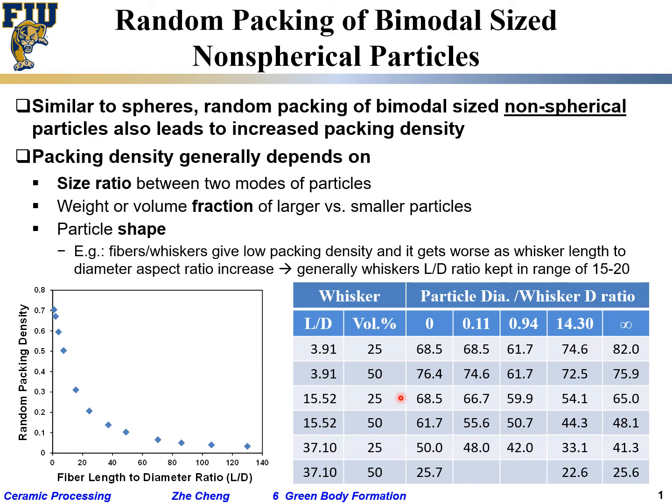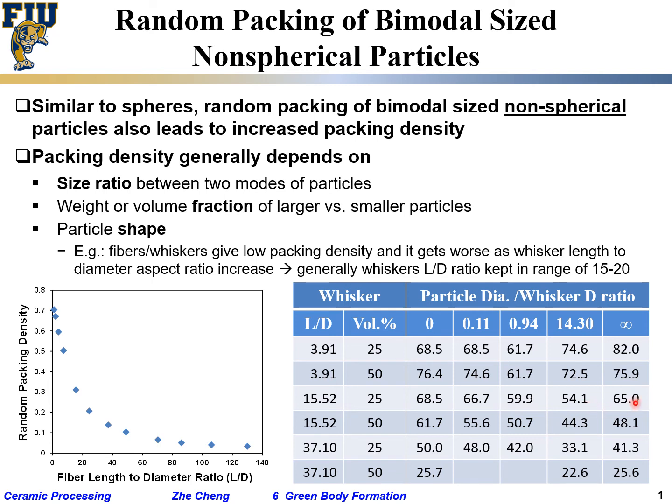Then, if we follow this horizontal line and keep the same whisker aspect ratio, but gradually I'm making my particles relatively larger and larger, I'm getting lower, for a finite range.